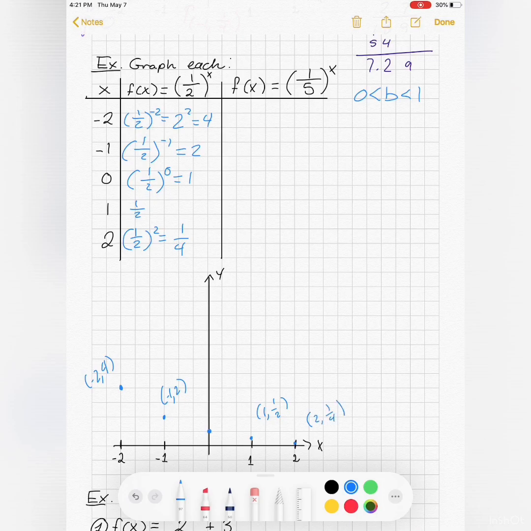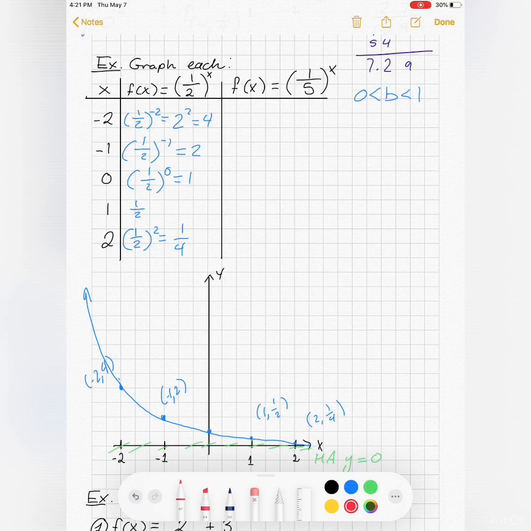Okay, so you can see I have the same kind of shape but this time the graph's decreasing. And this time I'm actually going to approach that horizontal asymptote on the right side, but it's still the same, y equals 0.